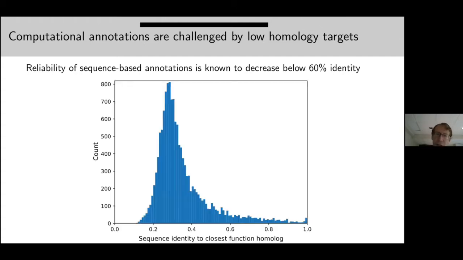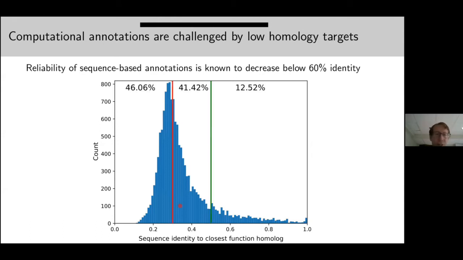So the challenge for this field is if you look at the distribution across all protein space of the sequence identity between a given protein and its nearest well-annotated homologue, this distribution peaks around 30% sequence identity, which is well below the range in which purely sequence-based approaches have been shown to be reliable.